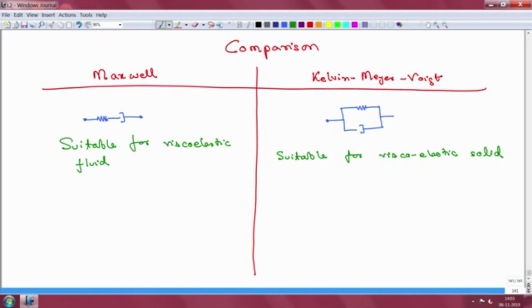But why did that really happen, other than the mathematics which shows us the way? Is there a physical and intuitive manner in which we can explain these results? The answer is yes. If you look at the Maxwell model, now see, when you apply a finite amount of force, a spring will only stretch by a finite amount. But when you apply a finite amount of force through the dashpot, it need not stretch only by a finite amount.